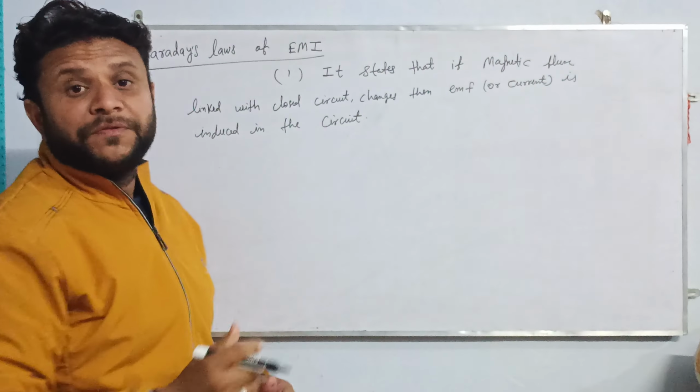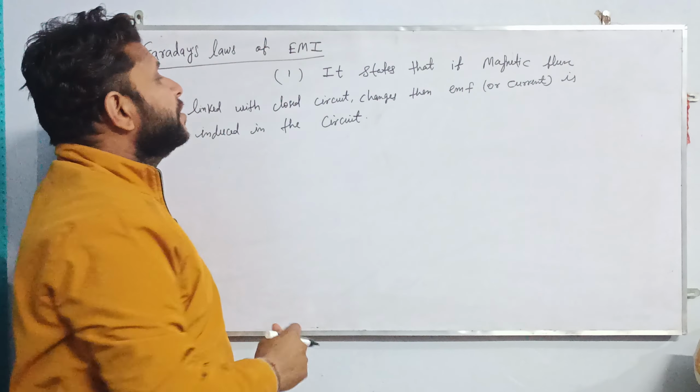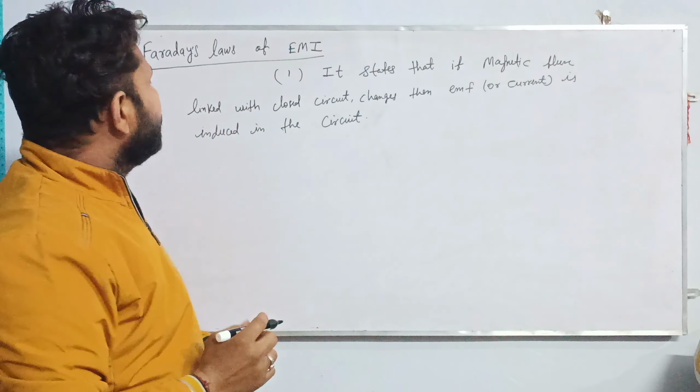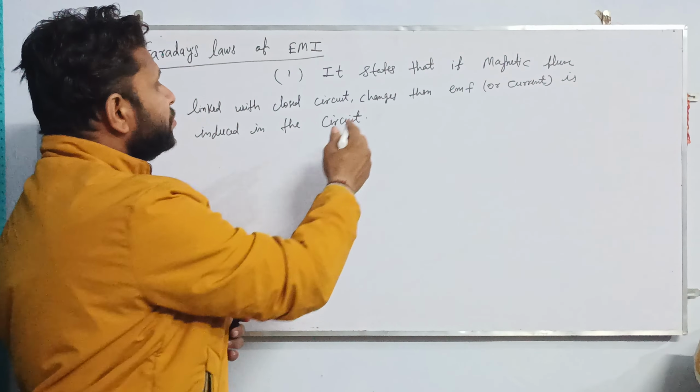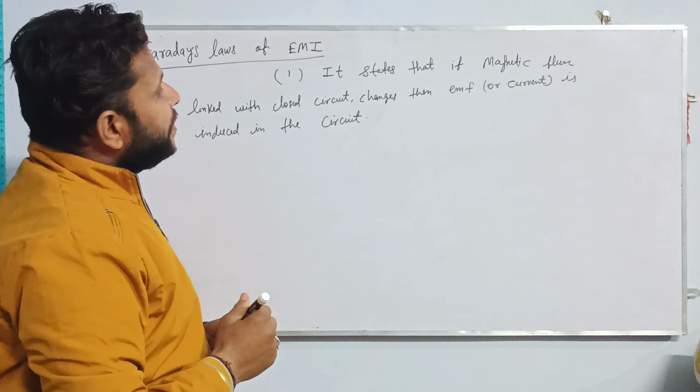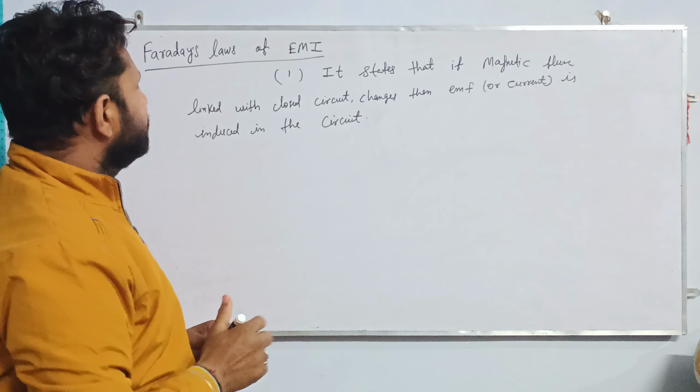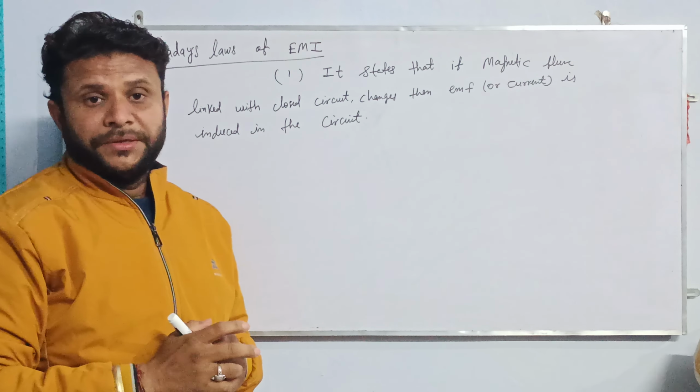This is the statement of Faraday's first law of electromagnetic induction. It states that if the magnetic flux linked with a closed circuit changes, then EMF or current is induced in the circuit.